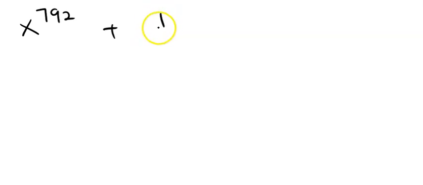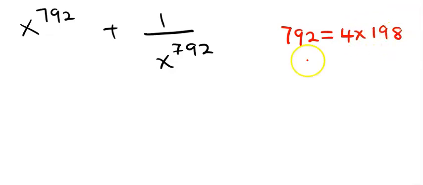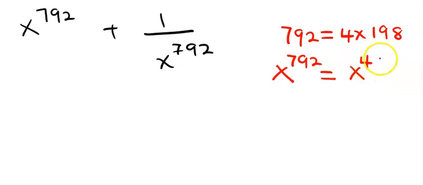Okay, now we were asked to find the value of x to the power 792 plus 1 over x to the power 792. First of all, 792 can be written as 4 times 198. And so if you have x to the power 792, you're going to have x to the power 4 times 198.